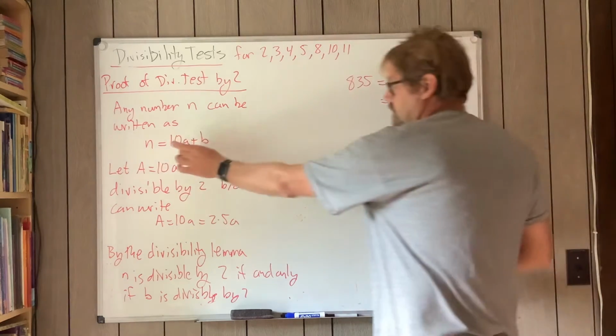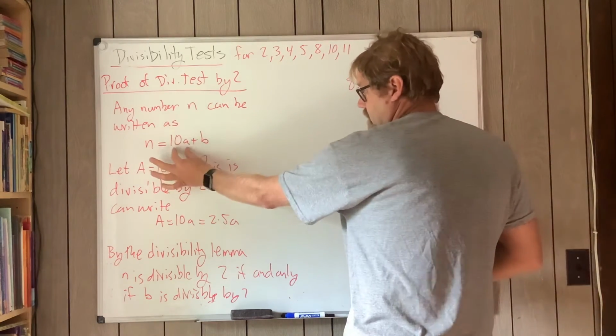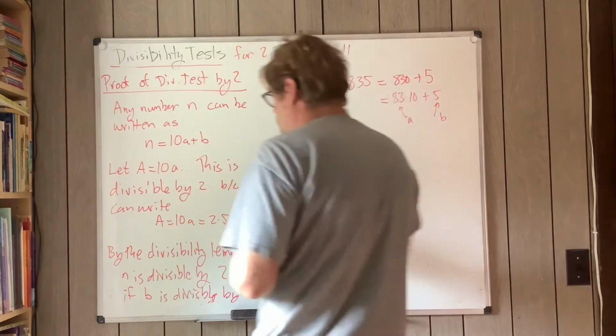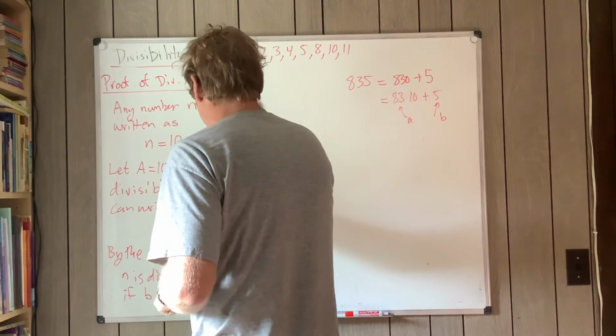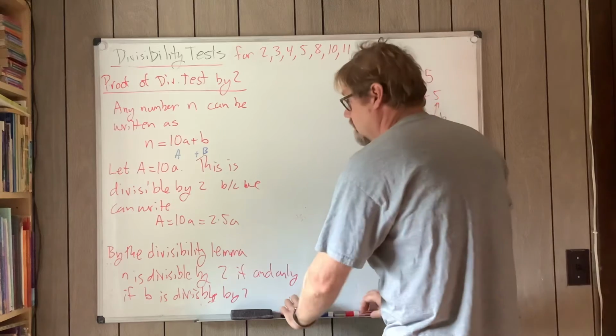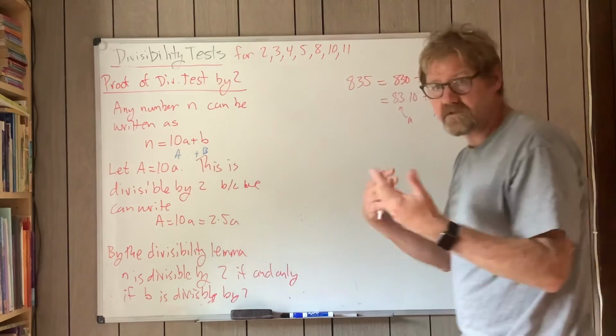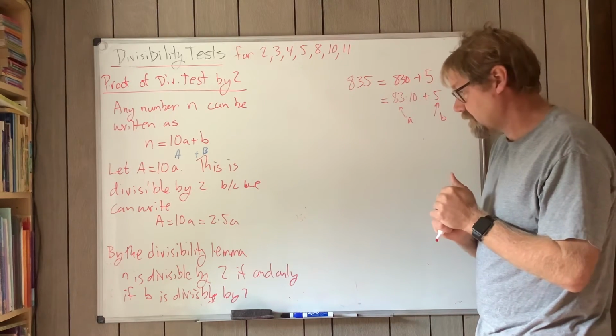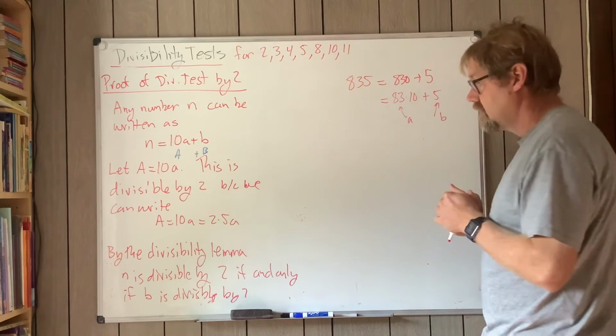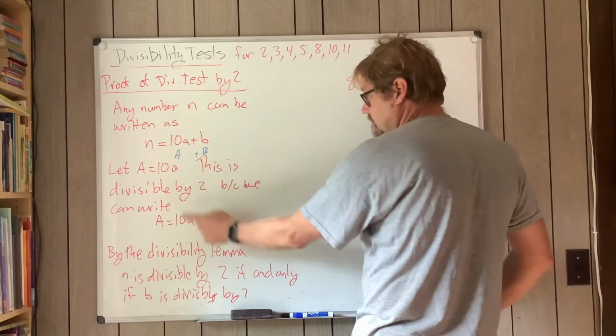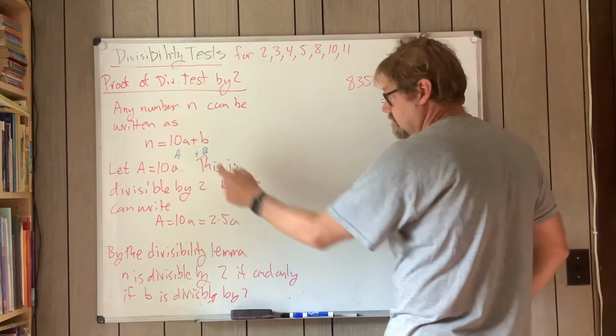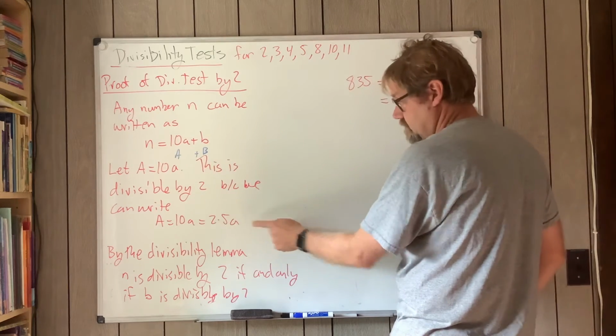And typically, like in the divisibility lemma, we call this guy capital A plus something else is capital B. So I'm just assigning the two pieces to the two big things in the divisibility lemma. Okay. So the first thing is we need to show that one of them, in this case the 10a, is divisible by 2.